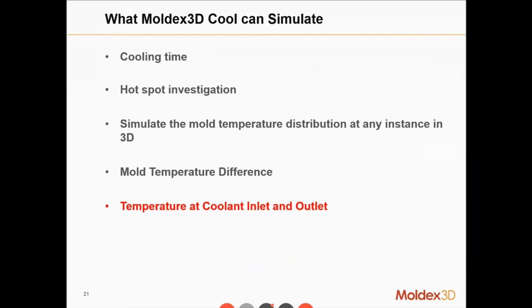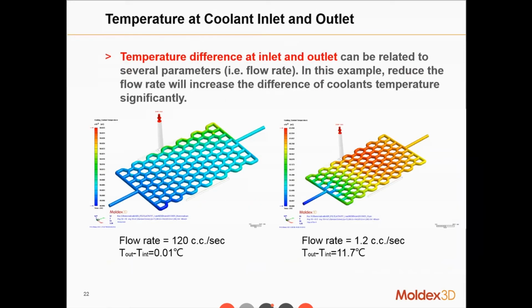The last one is the temperature at coolant inlet and outlet. Now, the temperature difference at inlet and outlet can be related to several parameters. For example, here we see the flow rate, and in this example, the difference between the flow rates is 100 times.